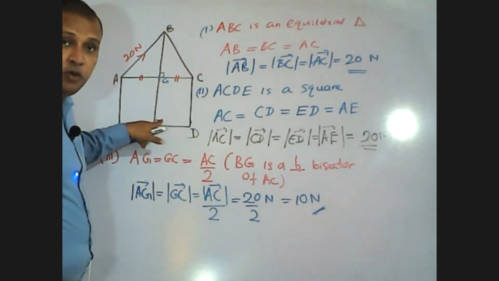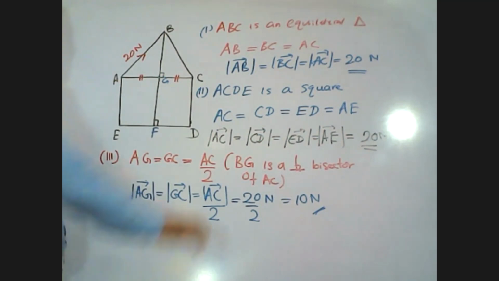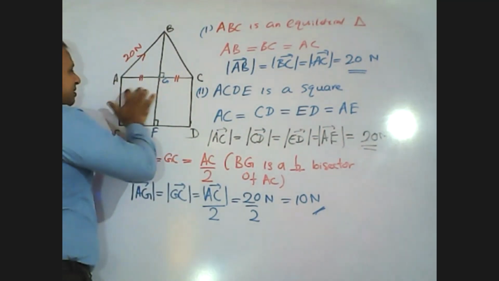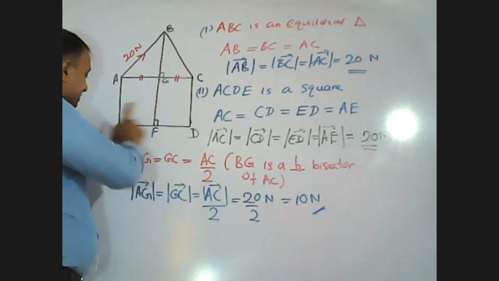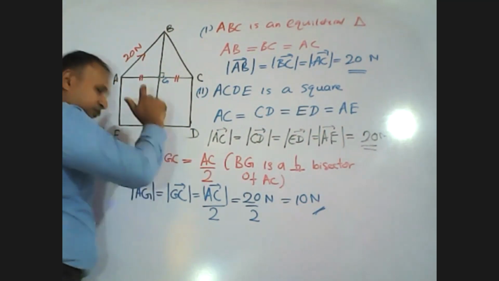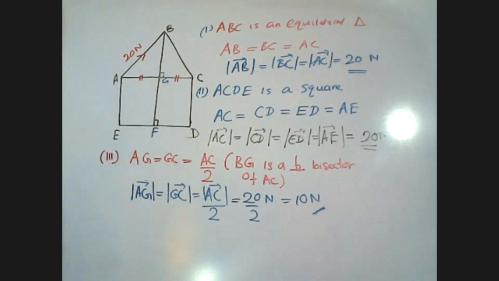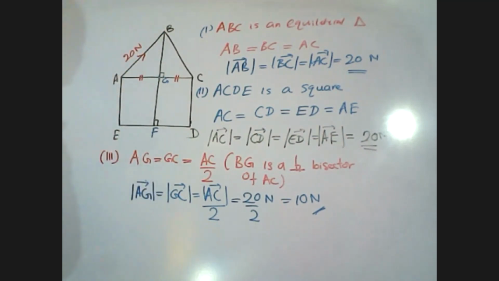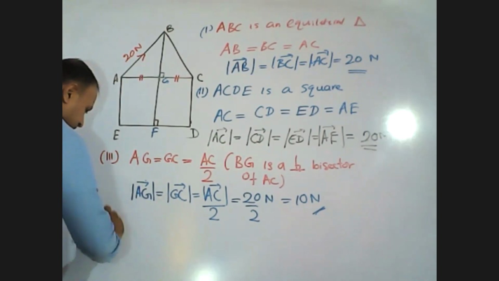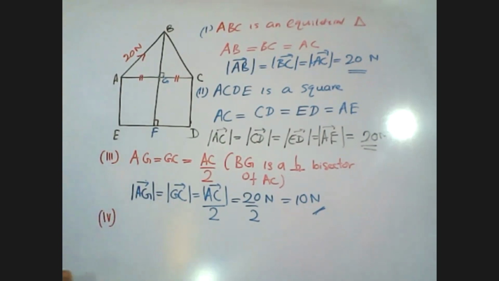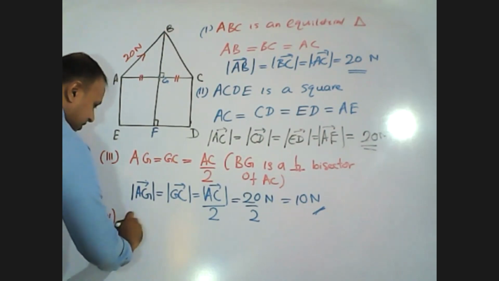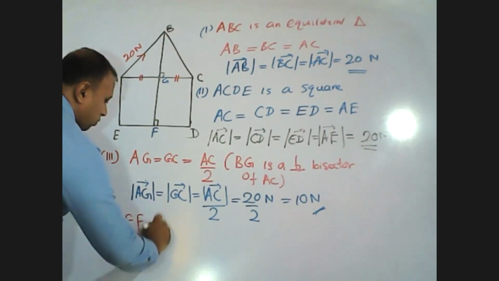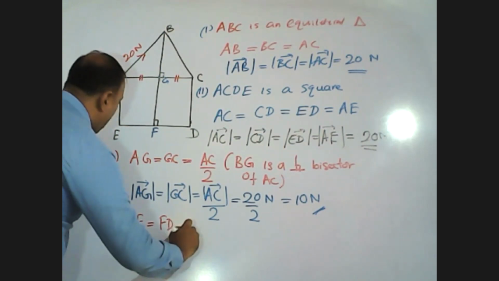As this is perpendicular, and this is a bisector to AC, that means EF and FD are also equal to each other, and those are half of ED. Therefore, the fourth one: I can write EF is equal to FD, that is equal to half of ED.